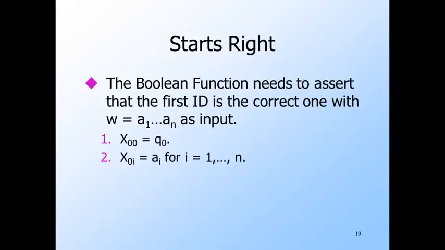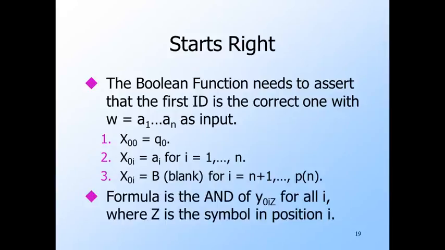And we want the next n variables to represent w. That is, x_0i must be a_i for all i up to n. And all the other positions of the first ID are blank. That is, x_0i is blank for i between n plus 1 and p of n.